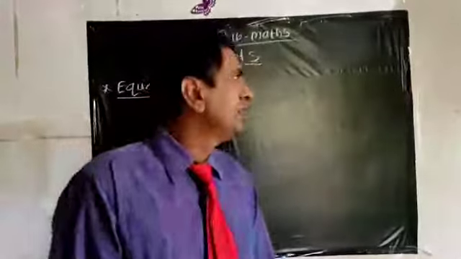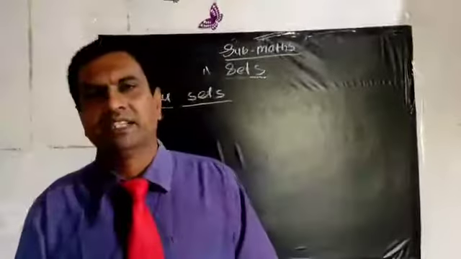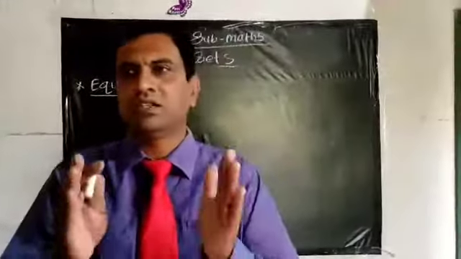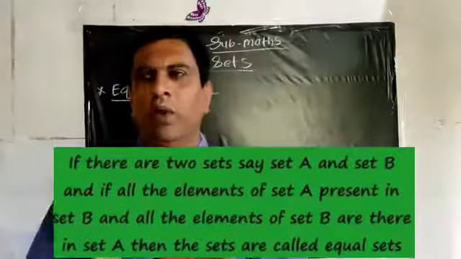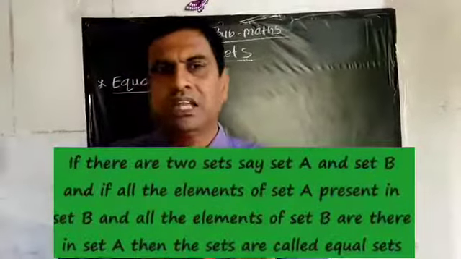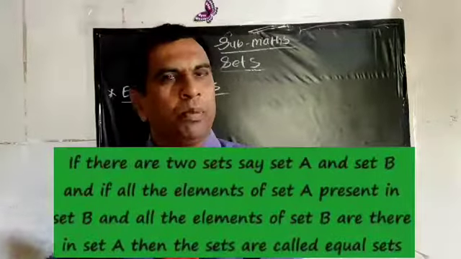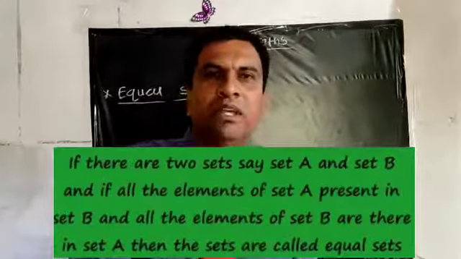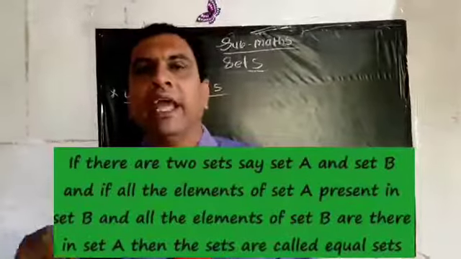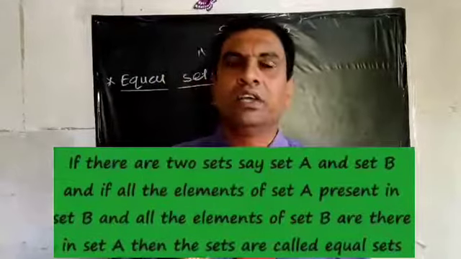Now the next type, equal set. What is meant by an equal set? Suppose there are two sets, set A and set B. Every element of set A is in set B, and every element of set B is in set A. This type of set is called an equal set.